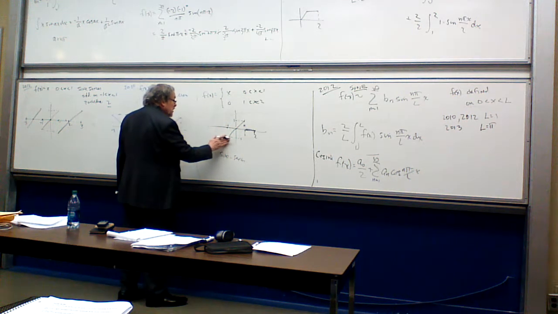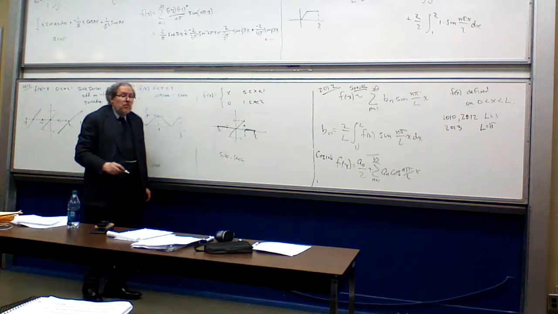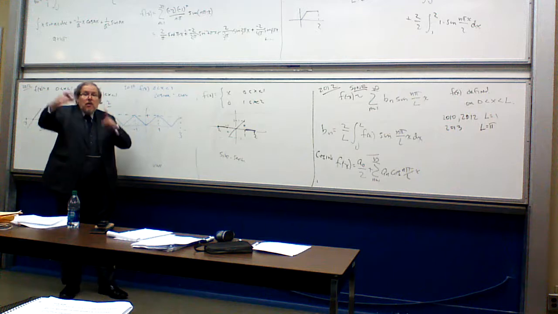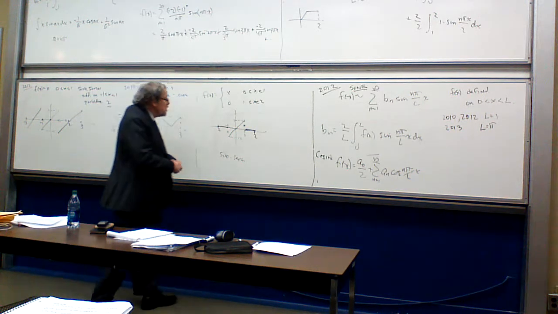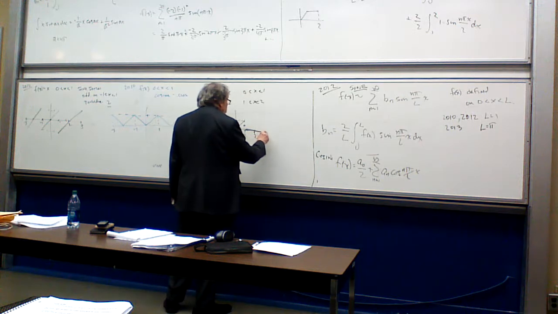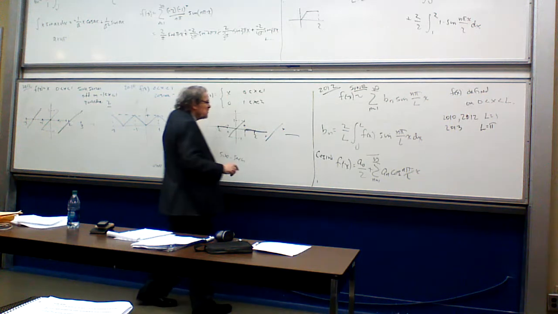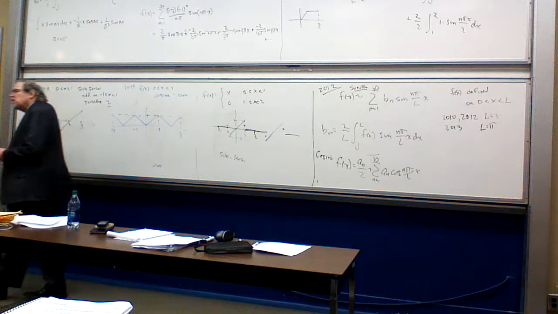And then back to 0 from 1 to 2. Another jump, and now pick that up and repeat it. I'll just draw one more piece over to the right, okay?